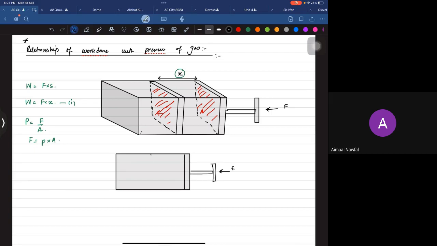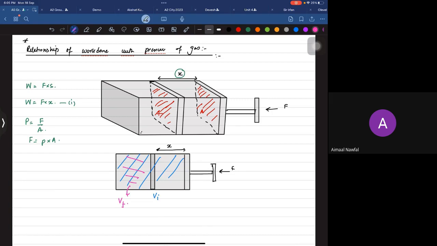So now it has moved to a new location, like that, and the displacement it has covered is x. Before we had this whole volume, which we can call the initial volume, and now we have only this much volume left, which we can call the final volume, right?